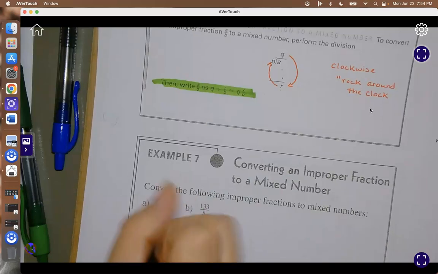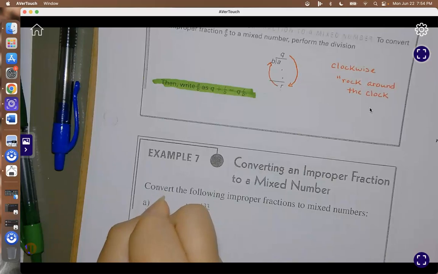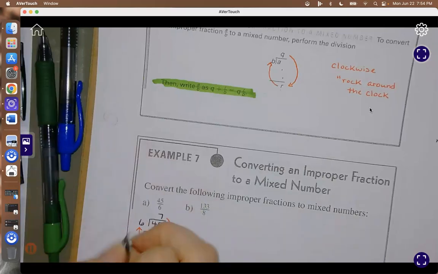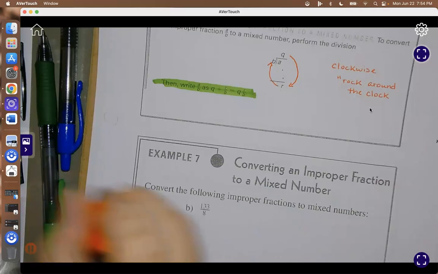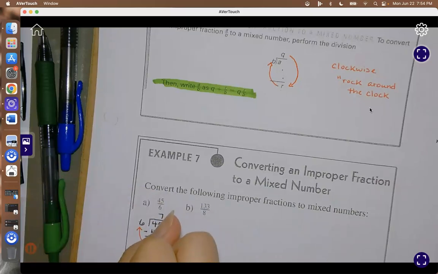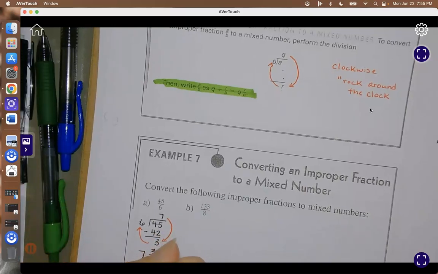So what we have is 7 3/6. But remember, this can be reduced, okay? This can be a 1, this can be a 2. So this is really 7 1/2.